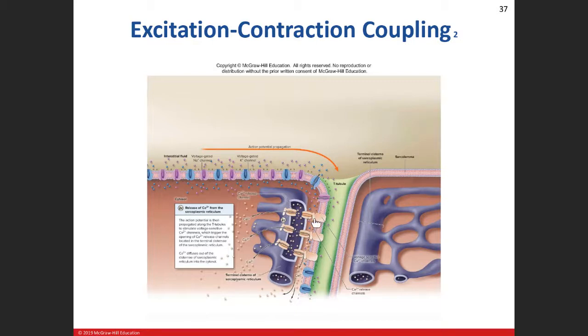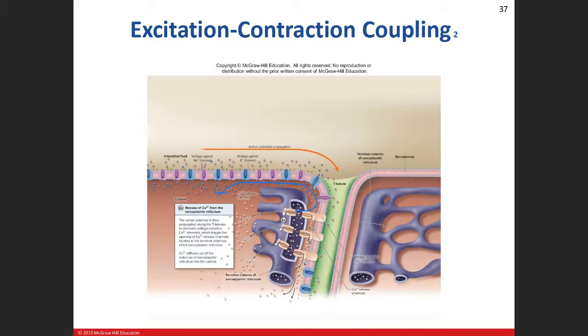Then it causes that voltage-sensitive calcium channel to trigger the opening of these calcium channels. And these calcium channels, which are located on the terminal cisterna here on our sarcoplasmic reticulum, open up and let calcium that's trapped inside leave and go out into the cytoplasm, or the sarcoplasm.